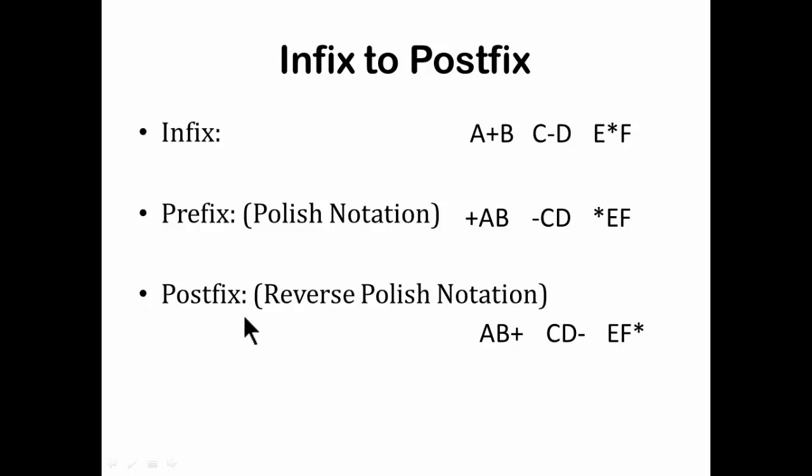Postfix is the reverse of the Polish notation. In this, you first write the operands and after the operands the operator would be written. So if you want to add a and b, then it should be written like a b plus. If you want to subtract d from c, then c d minus. So the operator comes at the last.